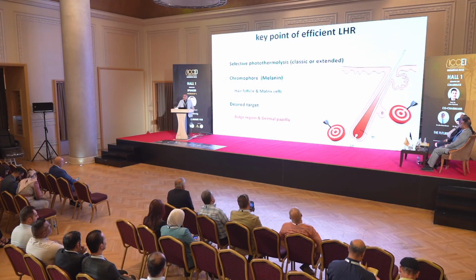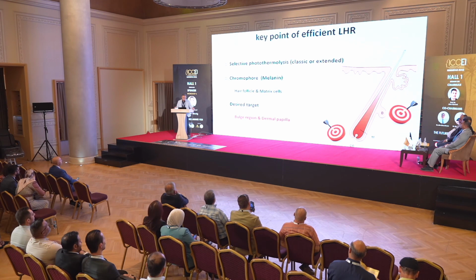What's the key point of efficient laser hair reduction? Through selective photothermolysis, we generate thermal effect on melanin, and we need diffusion from melanin to stem cells to affect the stem cells.